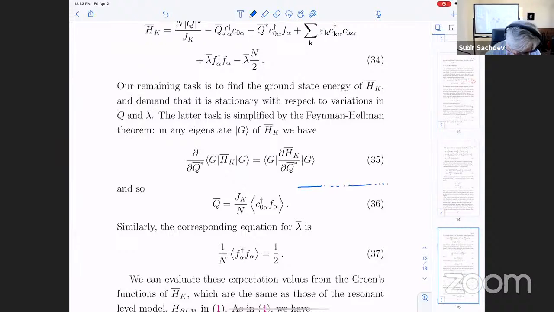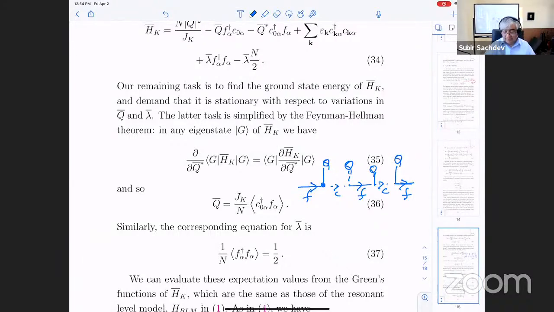They're just these graphs: an F, and a C, an F and a C, an F and a C. These are all the graphs, and every time one converts to the other, you get a factor of Q. So it's just a geometric series that you have to solve.